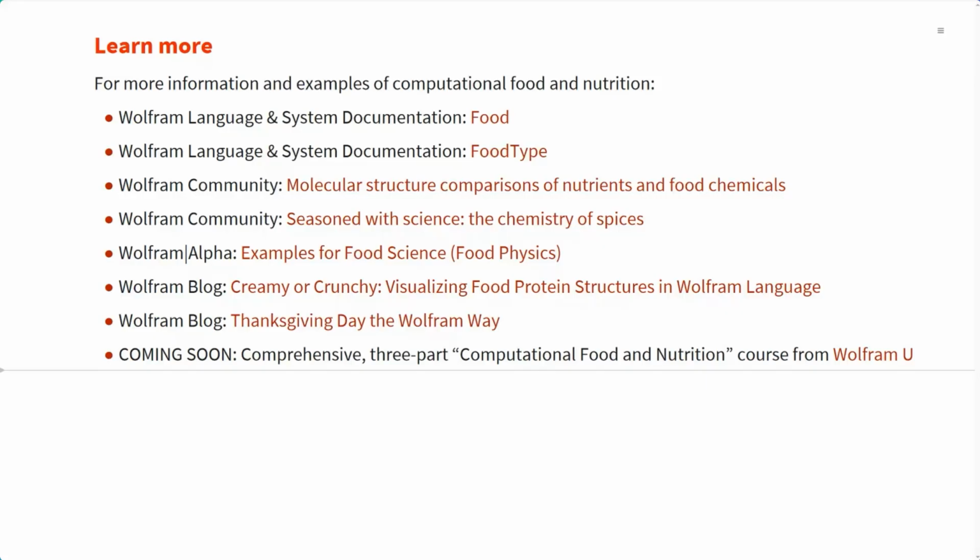Let me check the Q&A real quick. Okay, let's see. Is smoke point typically proportional to melting point? That's a wonderful question. Certainly I know that I don't cook with olive oil because of its low smoke point. I try to cook with the higher smoke points, but that's actually a wonderful question from Sean, and I wish I had the answer right off the bat.